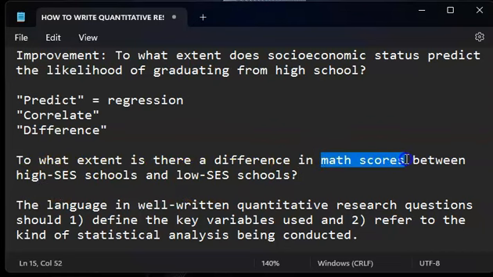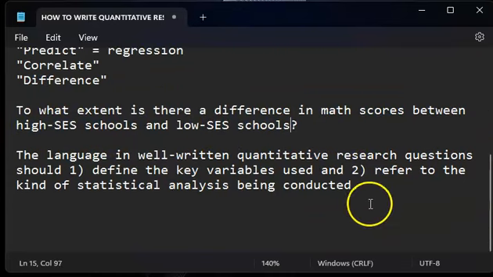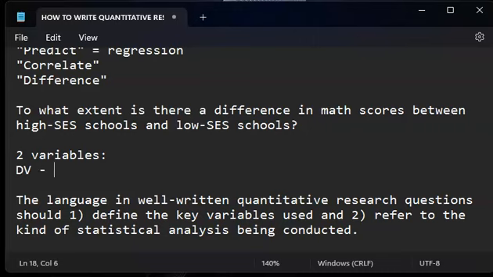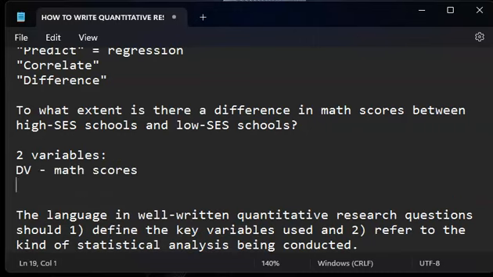Math scores is my dependent variable, my outcome variable in here. High SES and low SES schools is an SES variable. So if I break this down, I've got two variables in this research question. The dependent variable is math scores, and the independent variable is SES.